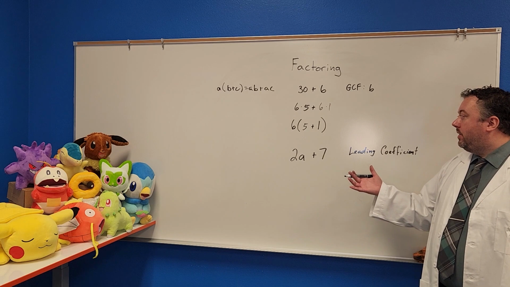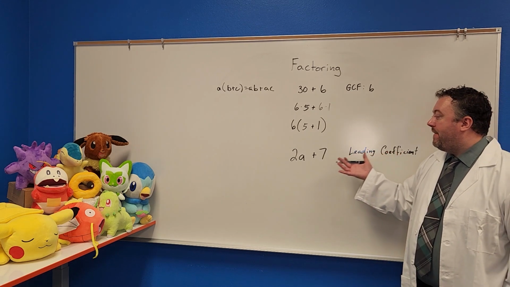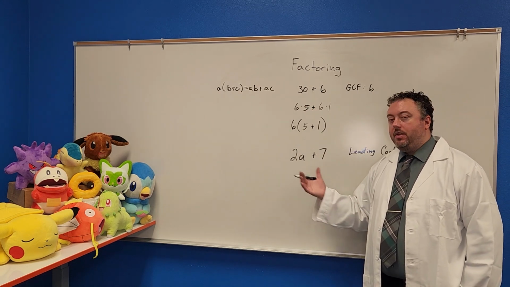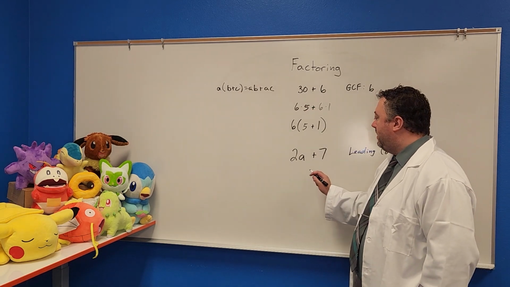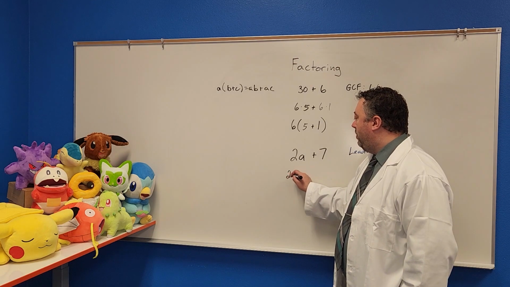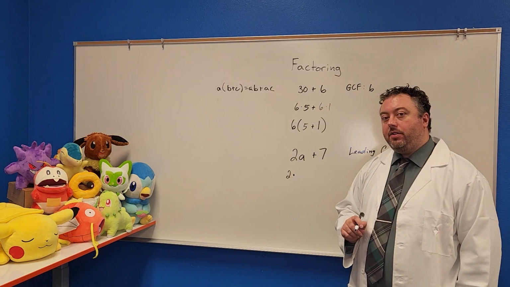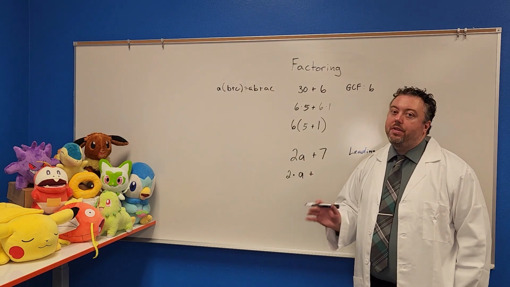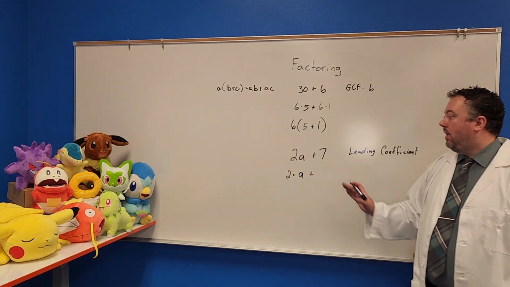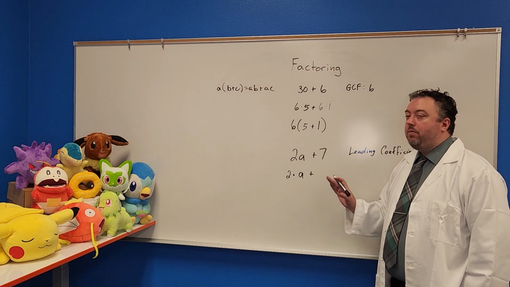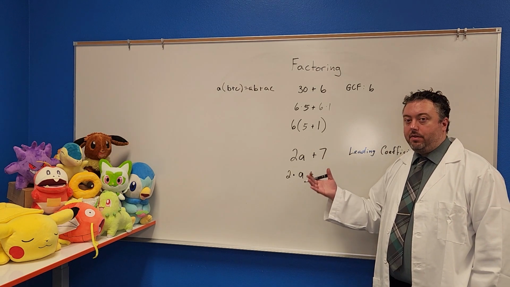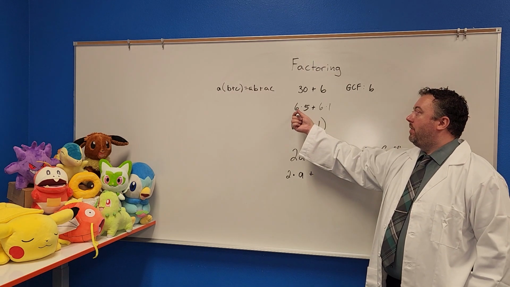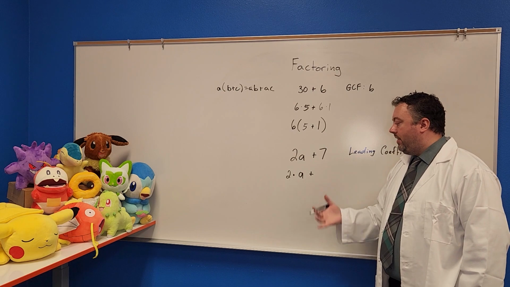So in order for us to factor this out, we have to rewrite, just like we did up here, this algebraic expression in the same way. Since 2 is what we're going to factor out, we're going to rewrite 2a as 2 times a. Now here's where things get interesting. 7 cannot be written as 2 times another whole number like we did up here with 30 and 6. Or another integer.